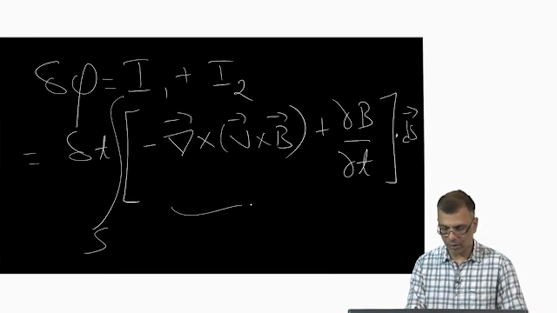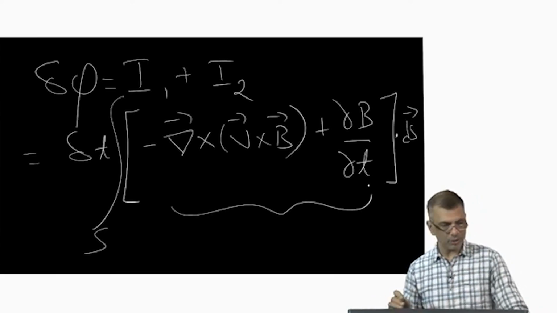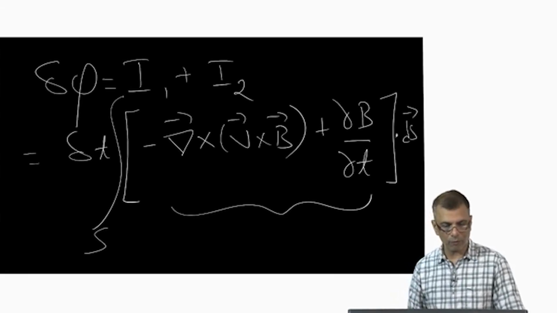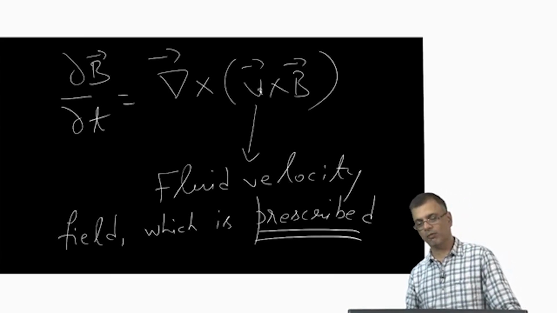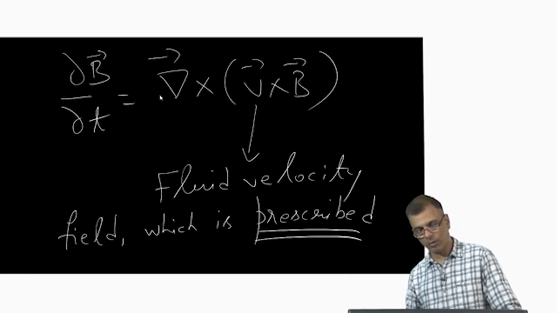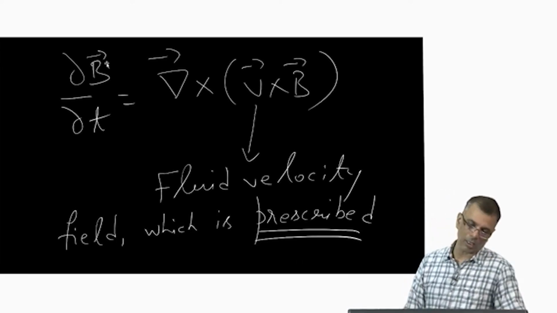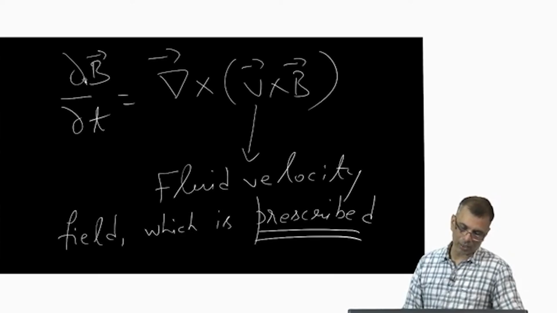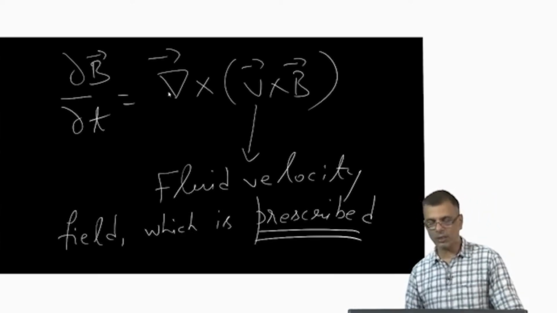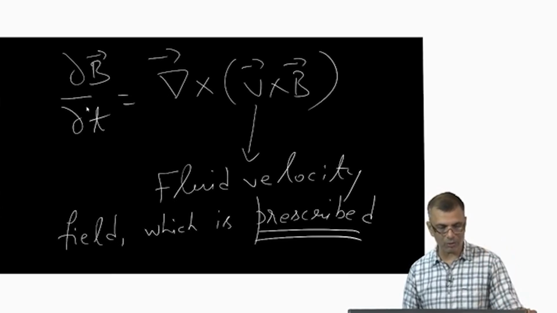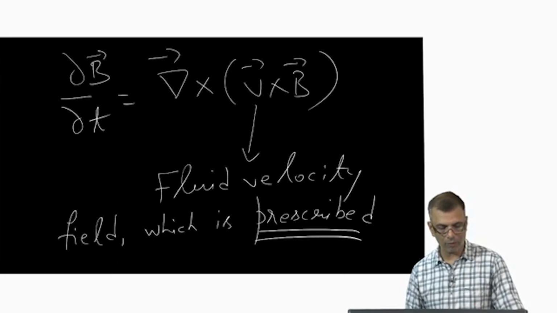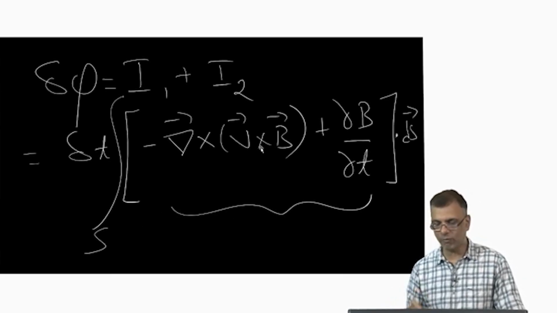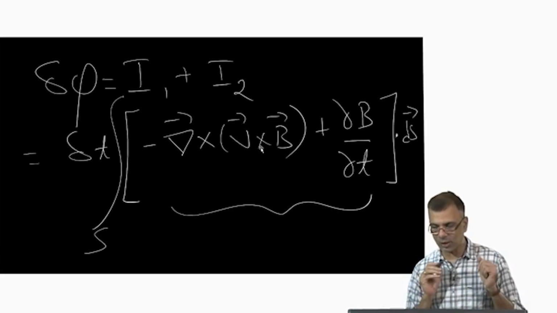And what is this? This is what we started with for an ideal plasma, if you recall. dB dt is equal to curl of V cross B. So I put a negative sign on this and take it over to the other side, and so dB dt minus curl of V cross B has to be equal to 0, and that's exactly what we have here. We have dB dt minus curl of V cross B, and this is always equal to 0.